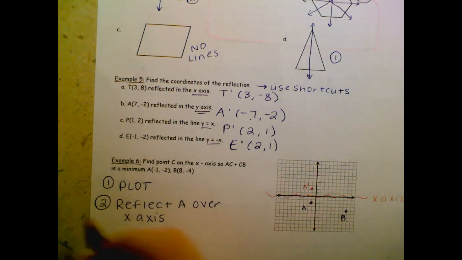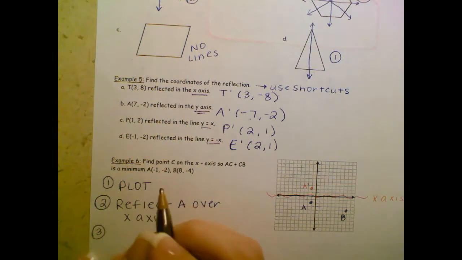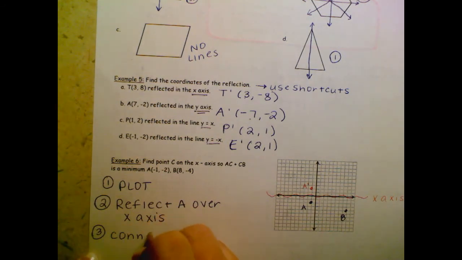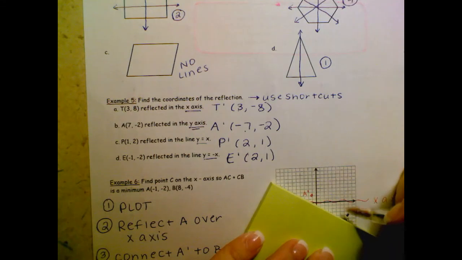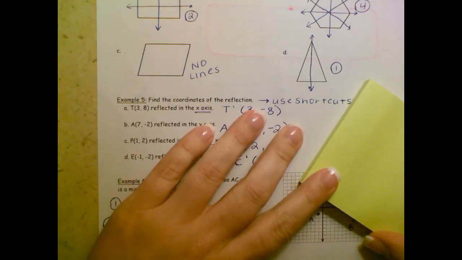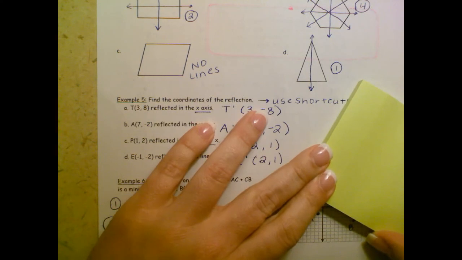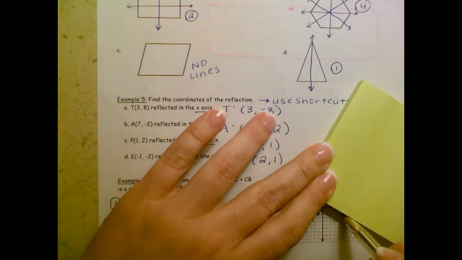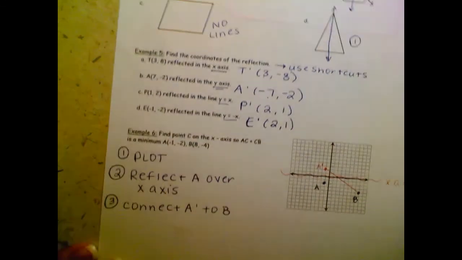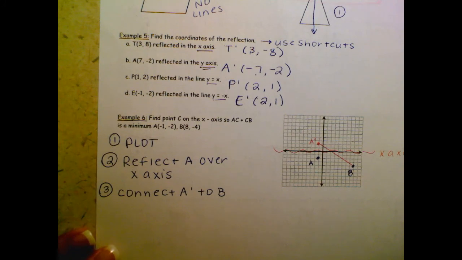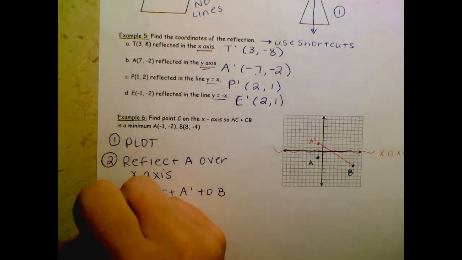After I reflect, I'm going to connect A prime to B. When we do this, try to be as straight as possible. So I'm going to just use the straight edge. And then my last step is going to be what gives me my answer.